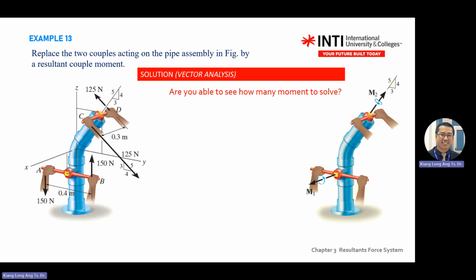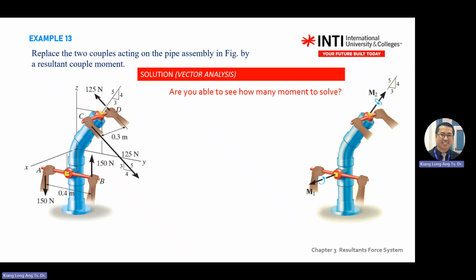So when you solve this question, simplify your diagram. You draw the pipe, and then mark the point, and then you replace with this M1. You use the right hand rule, point the direction. So this is in the X direction. M1 anti-clockwise. M2 along this direction.